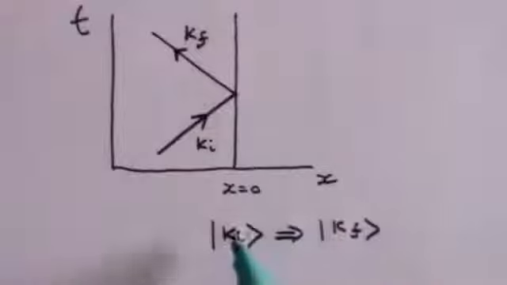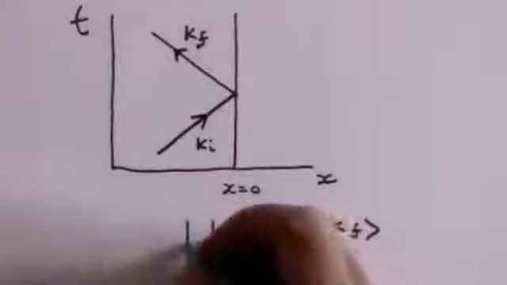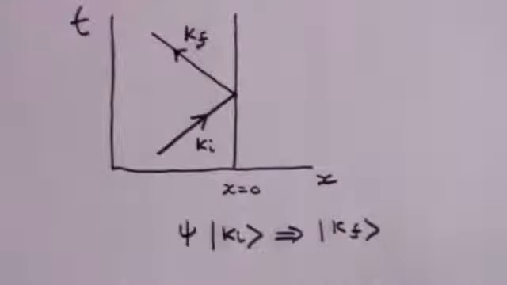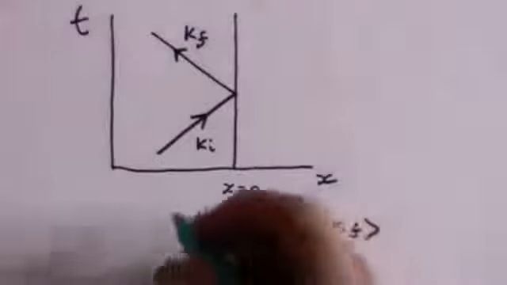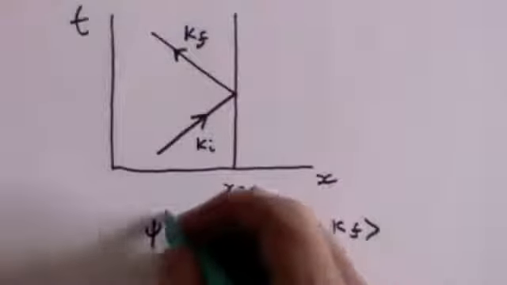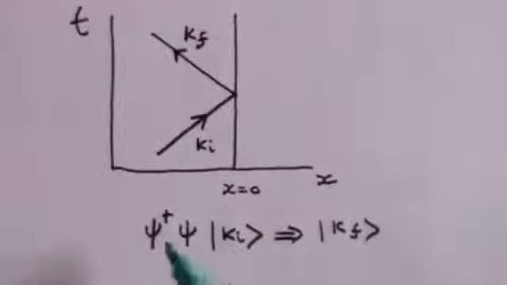Well, in quantum field theory, what you do is you annihilate this particle, so you apply the quantum field operator that will annihilate ki, and then you put in the creation operator that will create kf.